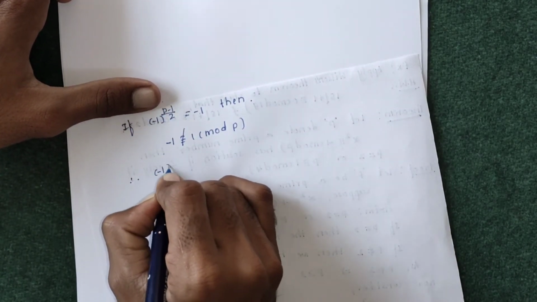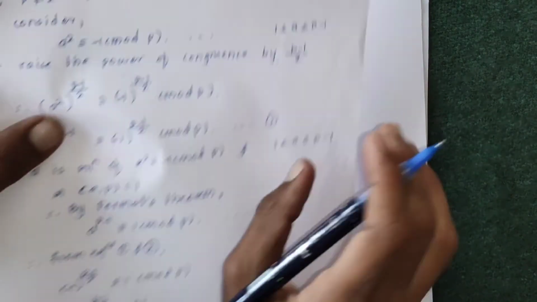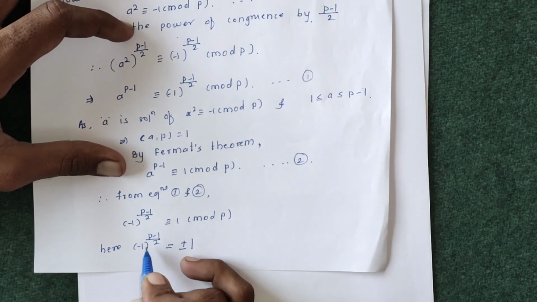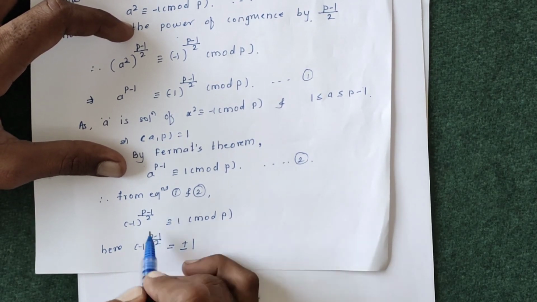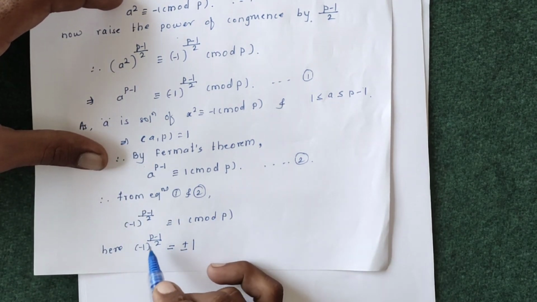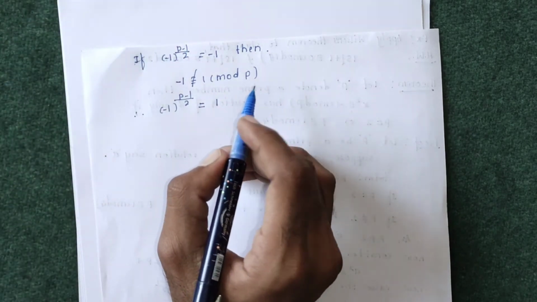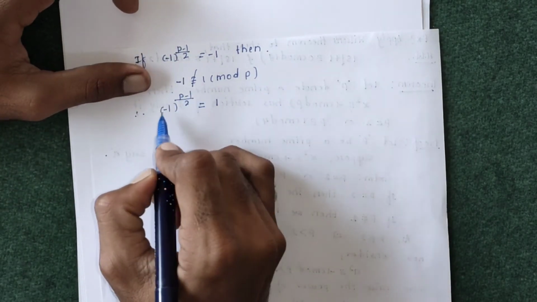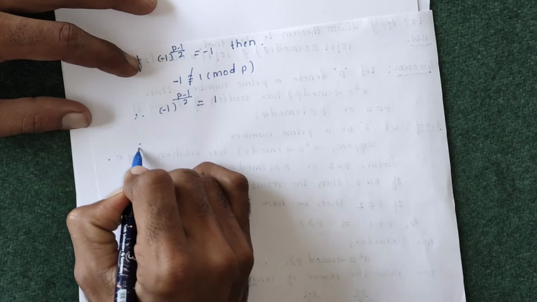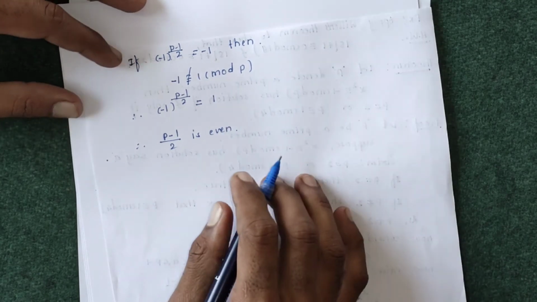Therefore minus 1 raised to P minus 1 by 2 must be equal to 1, since this congruence holds modulo P. The only remaining possibility is plus 1, and minus 1 raised to something is equal to 1 only when the power is an even number. Therefore P minus 1 by 2 is even.